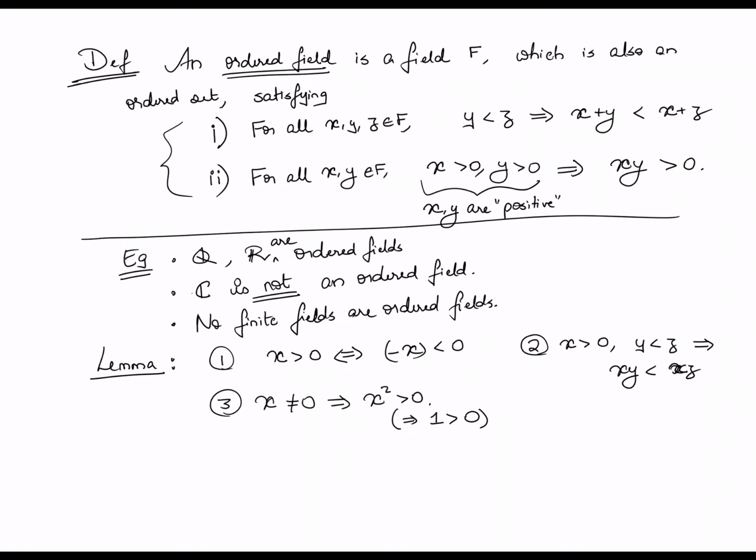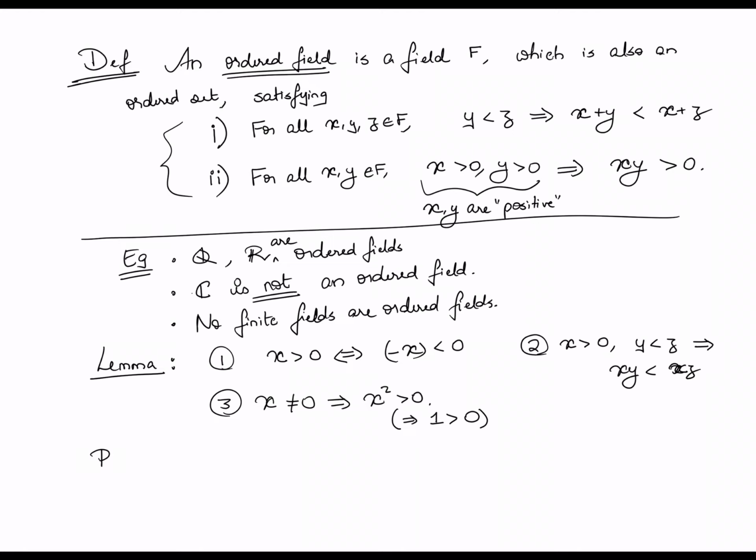If the square of any non-zero element is positive, it follows that 1 must be positive. Namely, the multiplicative identity must be greater than the additive identity. This follows from the axioms, as we will see.